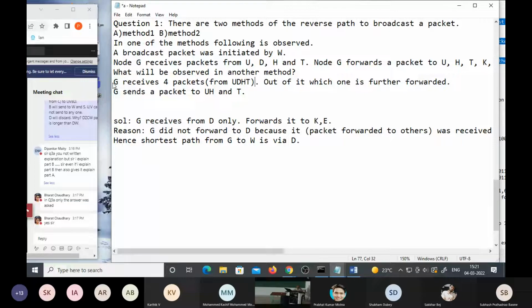U sends to U, H and D, it means which packet? This is via D only. It is from D only. Is it correct?